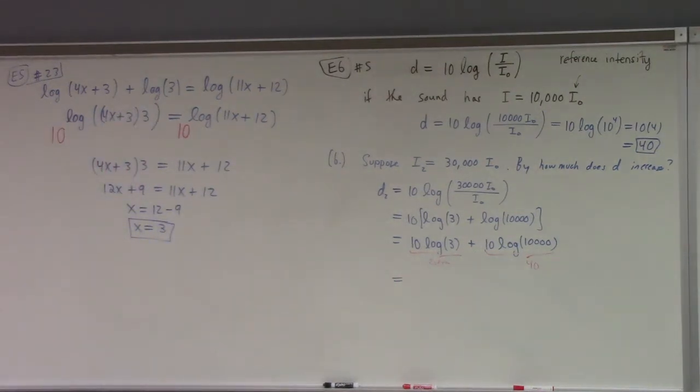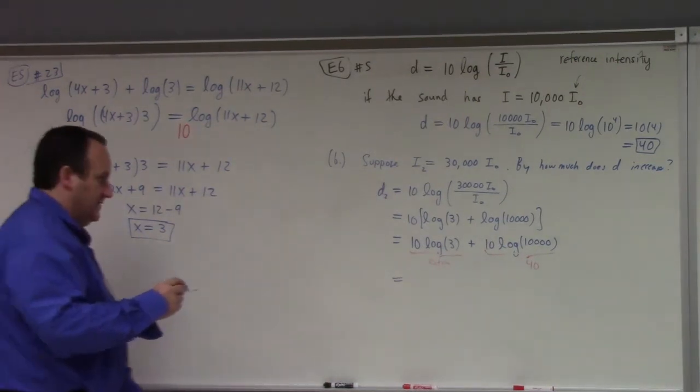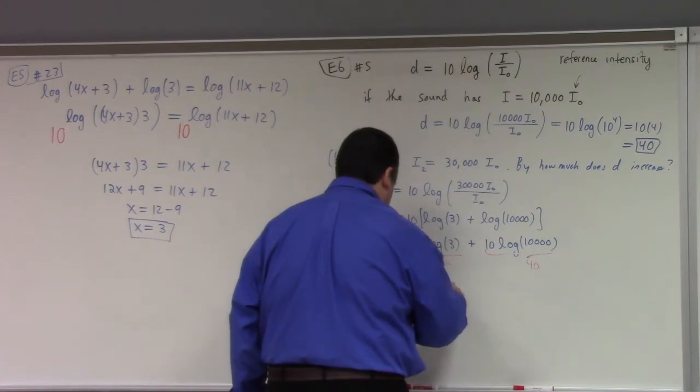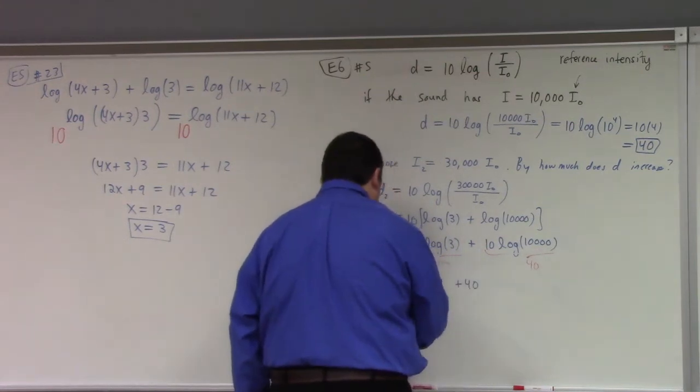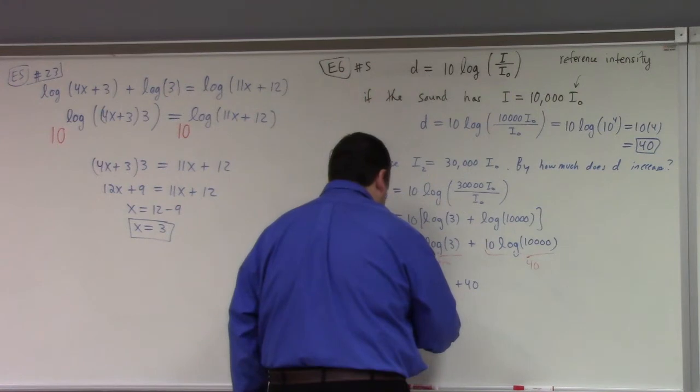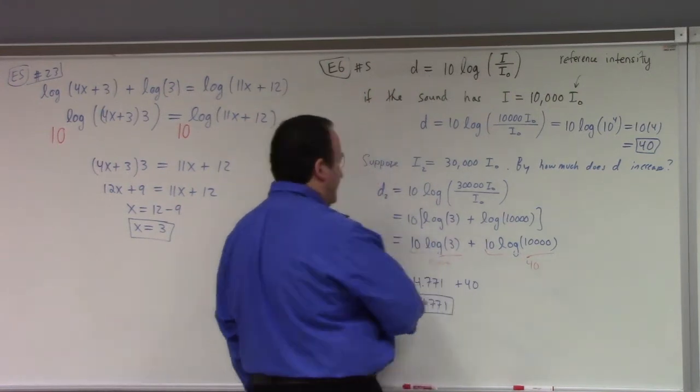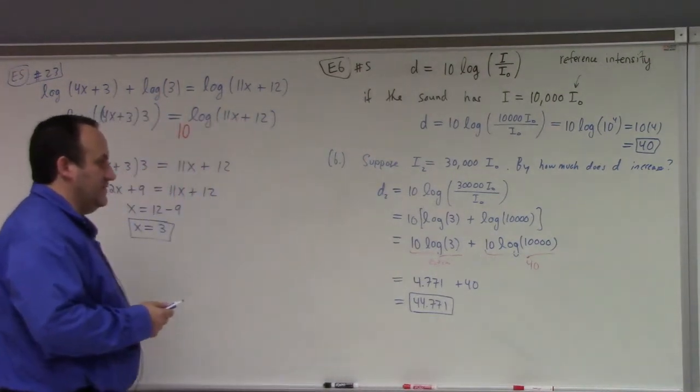Let me try it though. 10 times log of 3 is 4.771. So we've got 4.771 plus 40, which of course gives me 44.771. So now that's not the answer to part B, because what was the question?